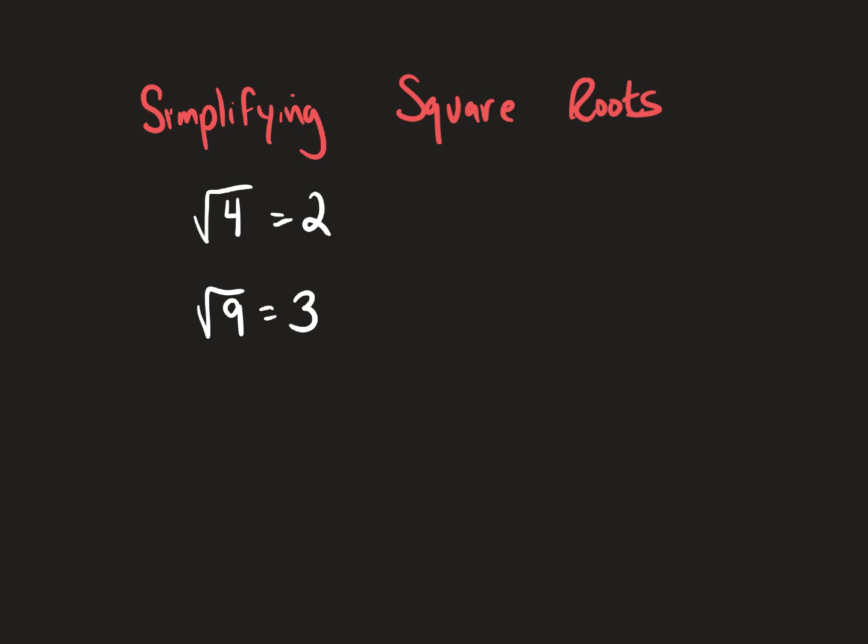So what we'd have to do is we're going to try to simplify those. So I'm going to continue to write my list of perfect square roots. Generally speaking, if you get up into the 10 area, you're pretty okay.